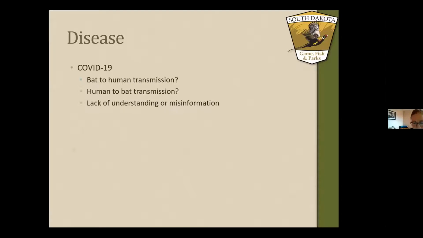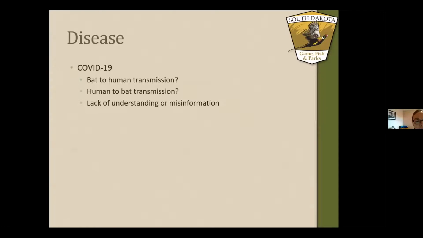So I'll touch just briefly on this. I anticipate at least some questions on it, but before I even go into it, I'm not an expert on this, and there are so many unknowns with COVID-19. But on bat to human transmission, there's been a lot of information in the news that this is a virus that jumped from bats to humans.